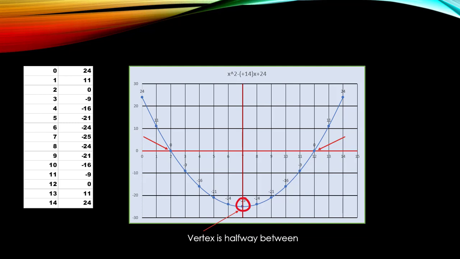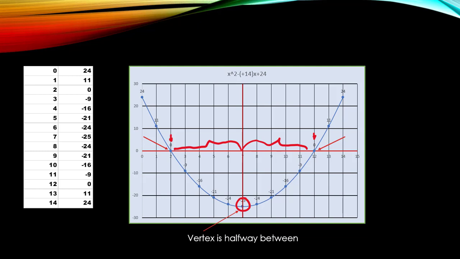One is that this point here and this point here are an equal distance from that line that we drew through the vertex. In fact, every point to the right of that line that lies on the graph is exactly the same distance as every point on the left-hand side of that line is from that line of symmetry.